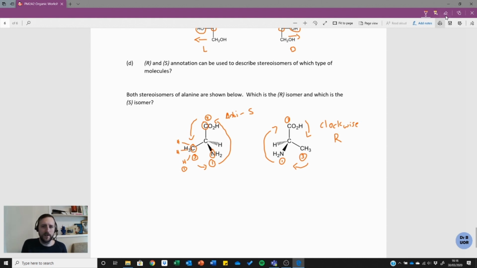Now the only thing that I said at the very start is that obviously we normally push the lowest priority group, normally a hydrogen, to the back.